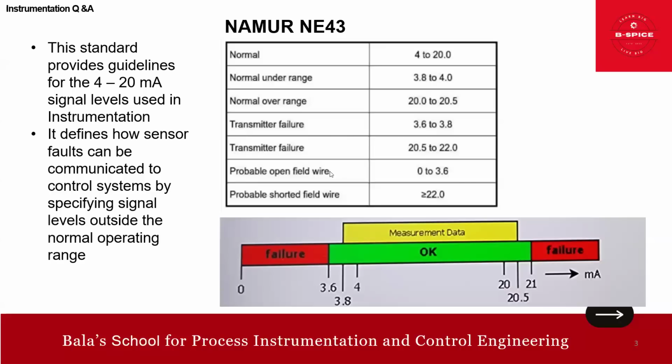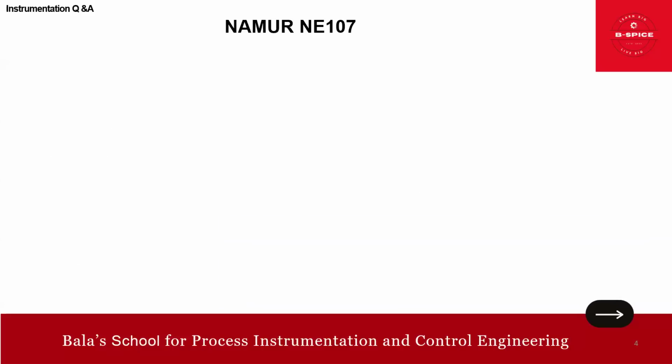And 0 to 3.6 is a probable open field wire. Then anything more than 22 is a probable shorted field wire. Friends, I hope NAMUR NE43 is very clear for you. Good to go.